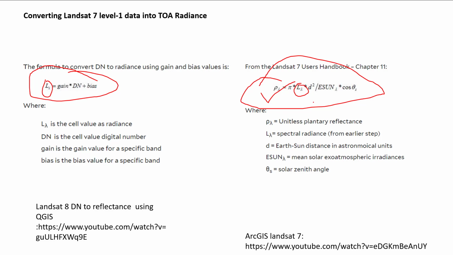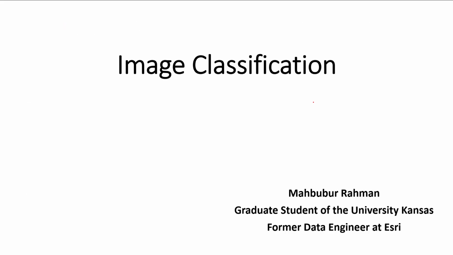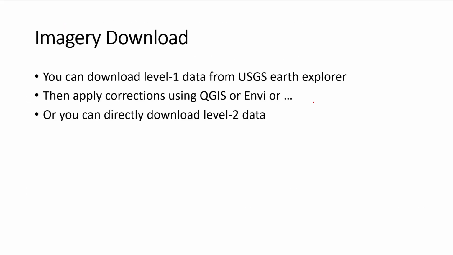But in the case of Landsat 8, it is not the case. You can directly convert DN value into reflectance value. Okay, sounds good. Now let's talk about imagery download actually. In the case of Google Earth Engine, you can directly access and download level 1 TOA data.